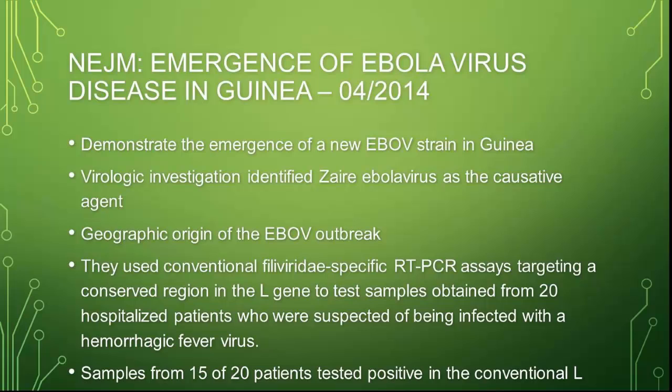They tried to establish the geographic origin of the outbreak. They used conventional Filoviridae-specific reverse transcriptase PCR assays targeting a conserved region in the L gene to test samples obtained from 20 hospitalized patients suspected of being infected with the Ebola virus. Samples from 15 out of 20 tested positive in the conventional L gene PCR assay and the real-time assays.